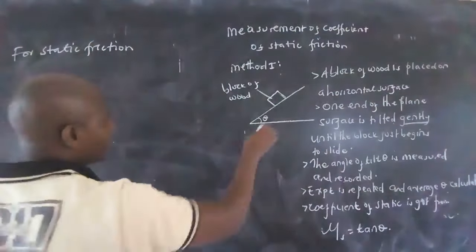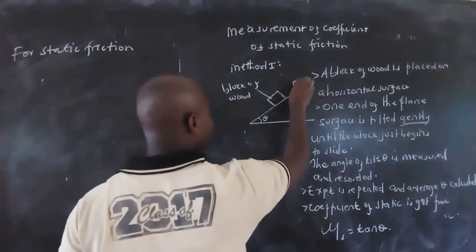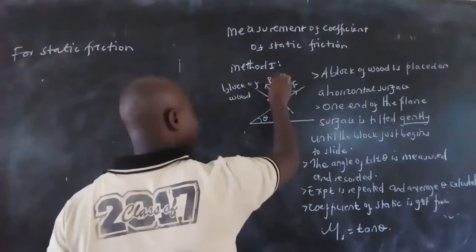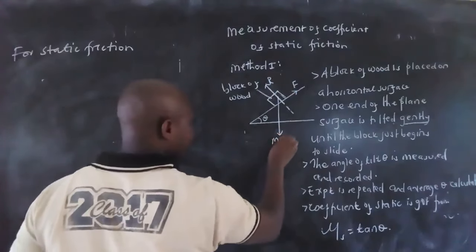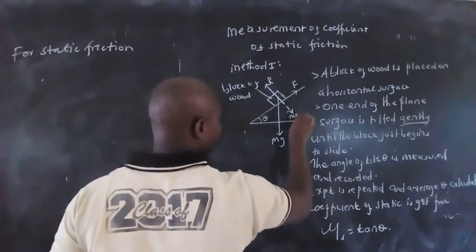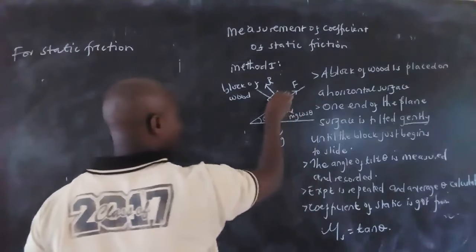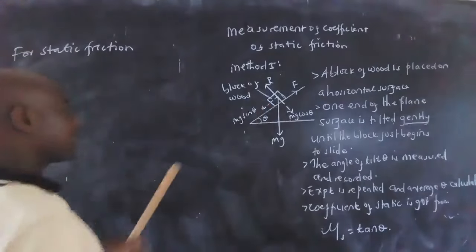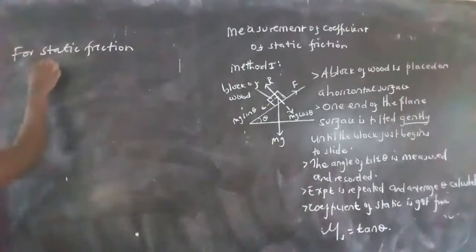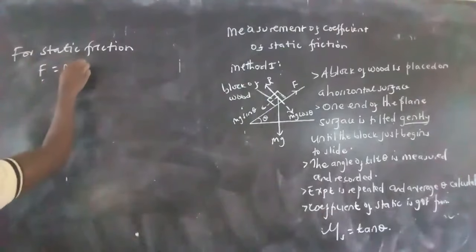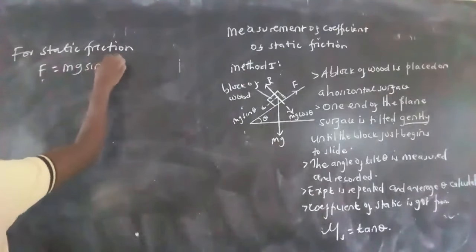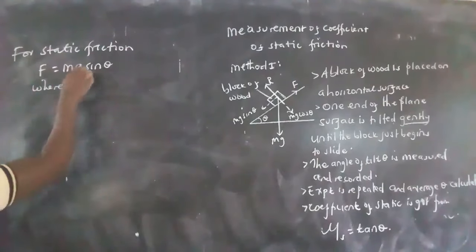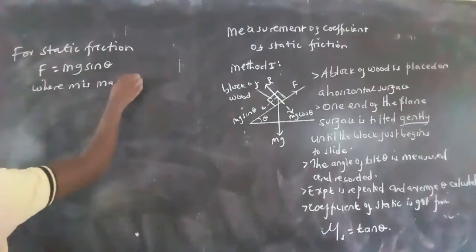Here we have frictional force, here we have normal reaction, here we have mg, here we have mg cos theta, and here we have mg sin theta. For static friction, F is equal to mg sin theta, where m is the mass of the block.